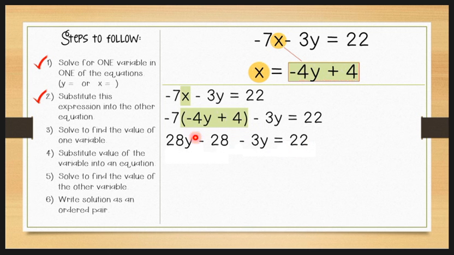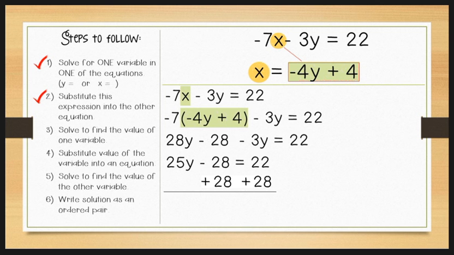We can combine our like terms, so 28y and minus 3y, so we would have 25y minus 28 equals 22. We would add 28 to both sides, and 25y equals 50. So we would divide both sides by 25, so y equals 2. So now we have solved to find the value of one of the variables.